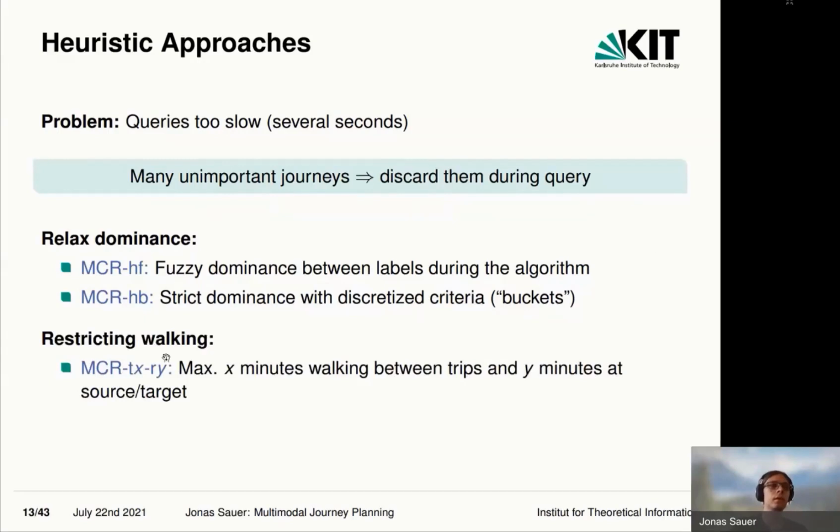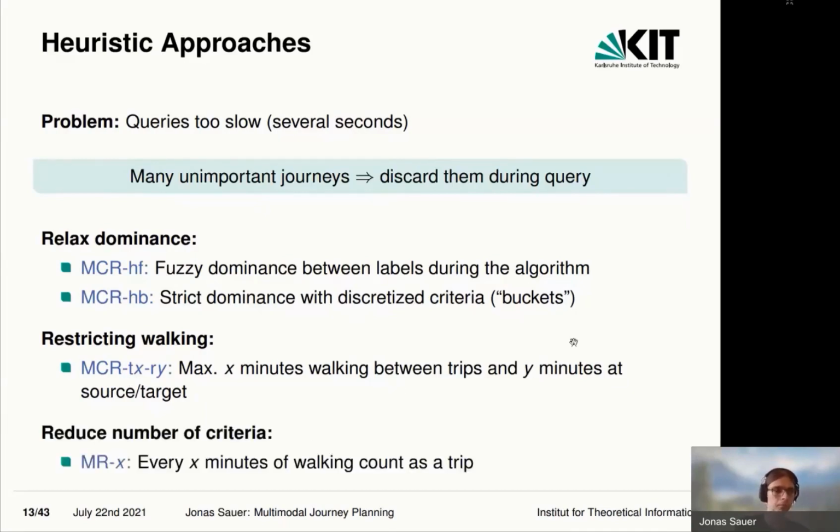So we have a whole class of heuristics here, which are MCRTX, where X is the maximum number of minutes of walking that we allow between two trips, and RY, where Y is the number of minutes of walking we allow at the source and the target. So we can allow more walking in the initial and final part of the journey than we allow between trips.